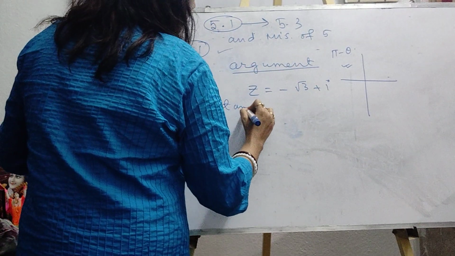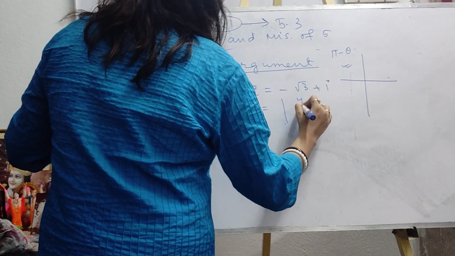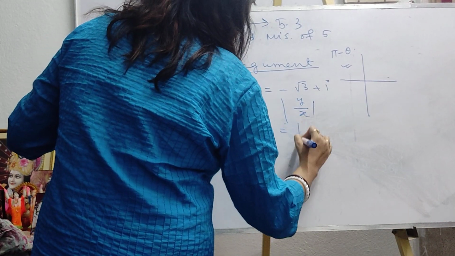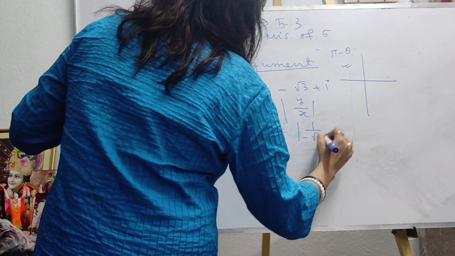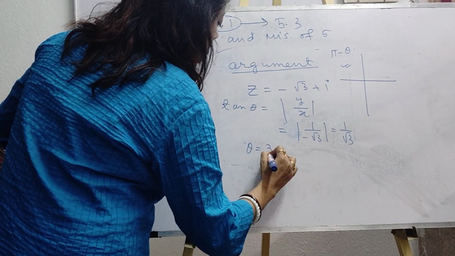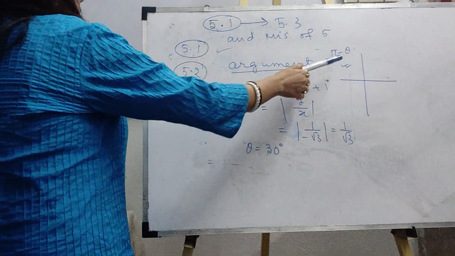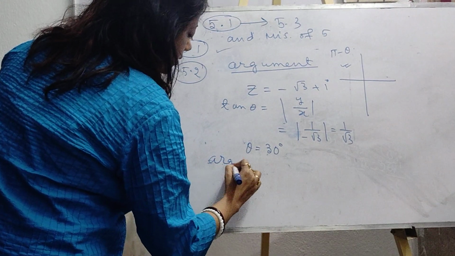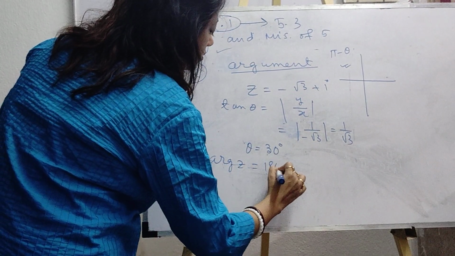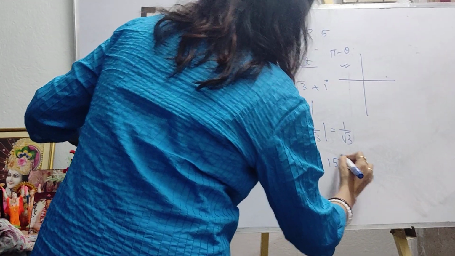Theta equal to modulus of y by x, that is 1 by root 3. Theta equal to 30 degree. Then what is the argument? As it is lying in the second quadrant, argument of z equal to 180 minus 30, that is 150 degree.